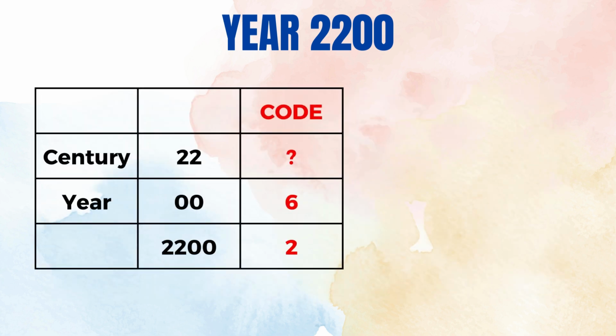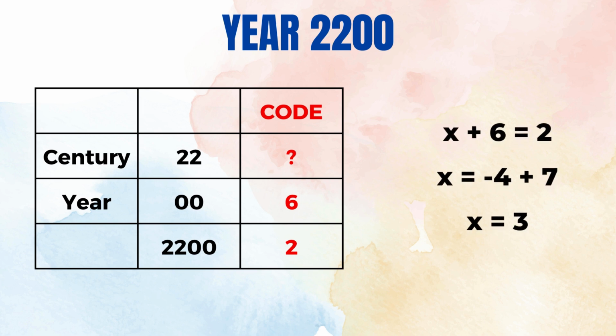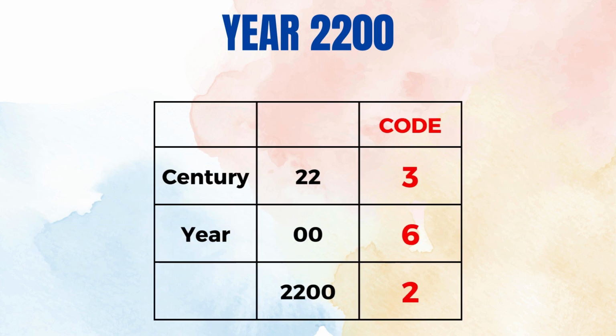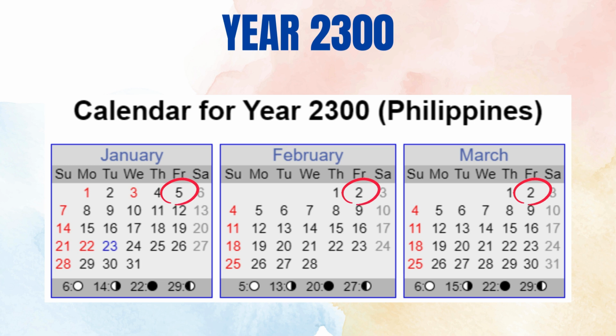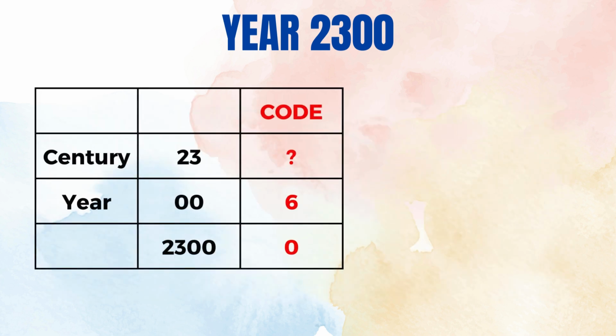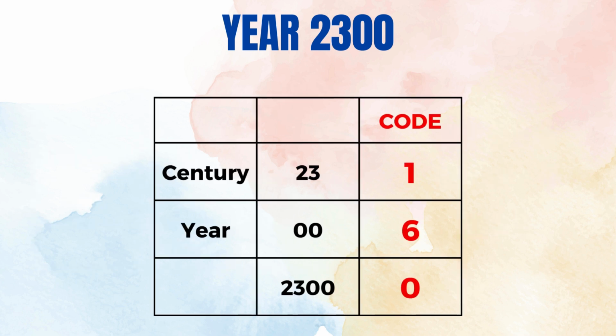Year 2200, 00 equals 6, 2200 equals 2, x plus 6 equals 2, x equals 3. 22nd century equals 3. What is the century code of year 2300? Year 2300, 00 equals 6, 2300 equals 0, x plus 6 equals 0, x equals 1. 23rd century equals 1.